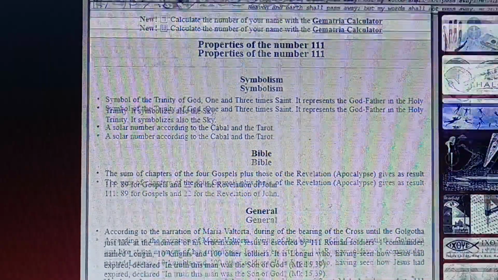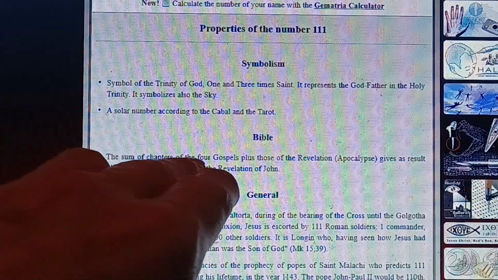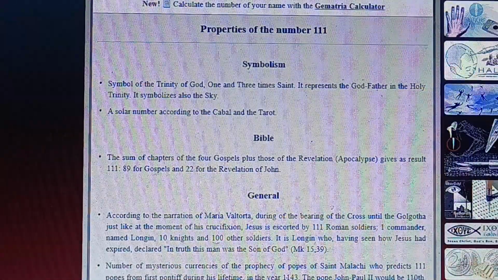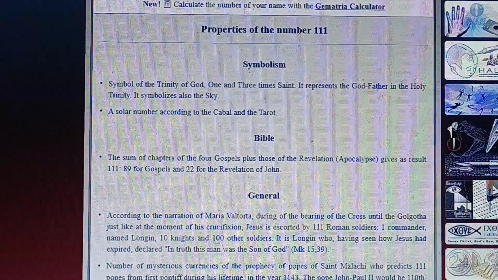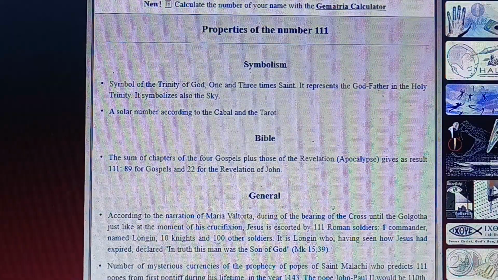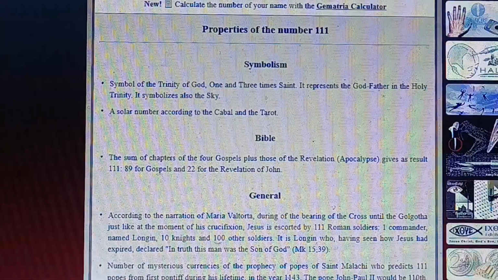This is very interesting because we see with this 22, we've been seeing all over these ciphers, the sum of chapters of the four Gospels plus those of the Revelation or Apocalypse gives us a result of 111. 89 for the Gospels and 22 for the Revelation of John.